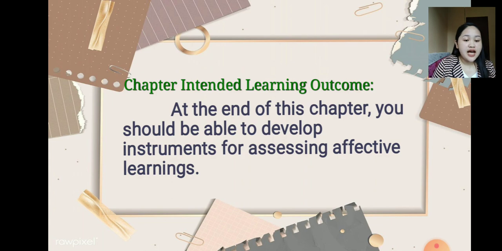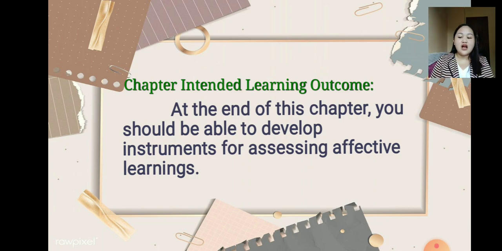In addition, unlike the cognitive domain, fewer assessment tools are available for the affective construct. So, in this chapter, the development of affective assessment tools will be discussed, and at the end of this chapter, we will be equipped to craft proper affective assessment tools.